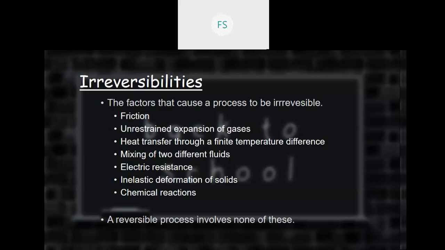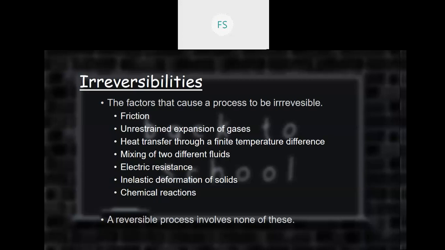To make it clear, reversible is an ideal process, a process made by someone. We can adjust the process. We can control the process. While for the irreversible, it occurs in nature. We cannot control the process, due to some factors, or due to the irreversibility.